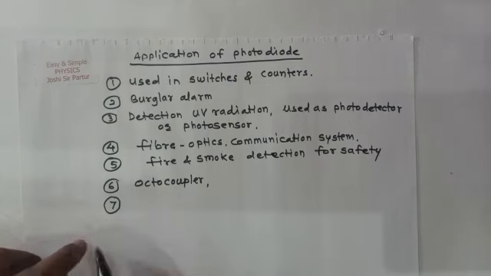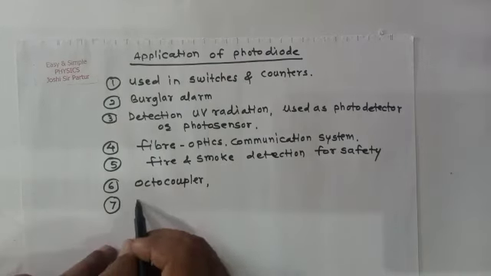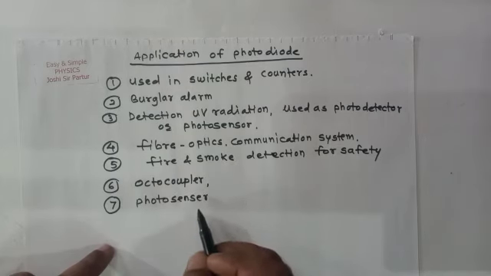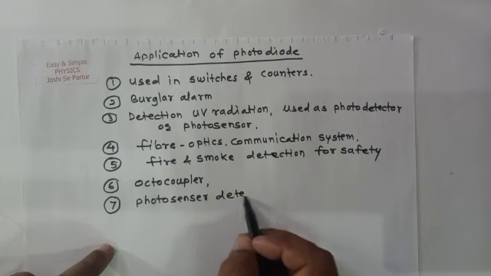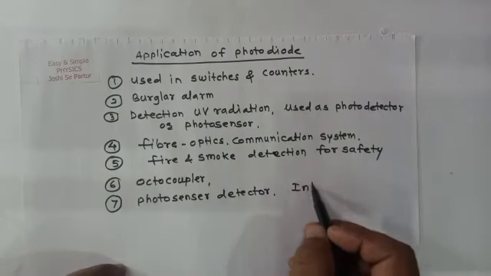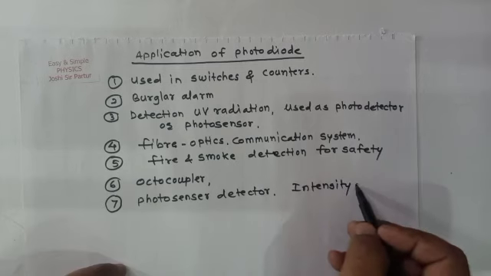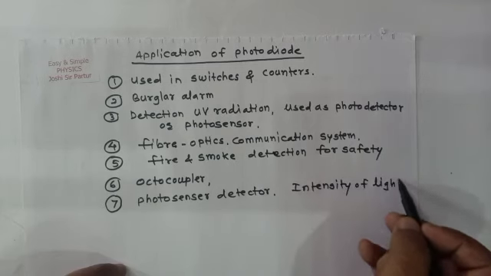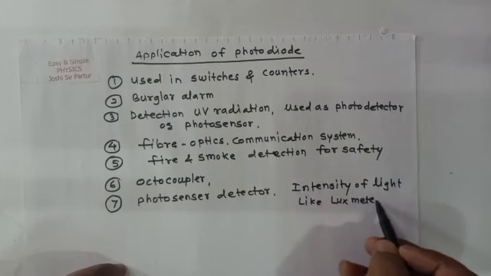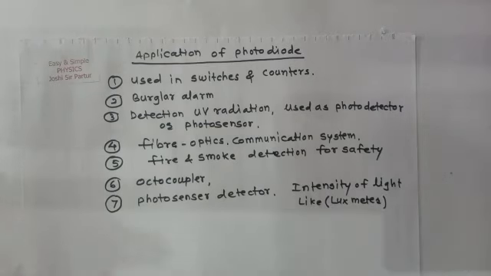And lastly, photodiode is used as a photosensor detector, which is used to measure the intensity of light, like a lux meter in a photocell. So these are the applications of photodiodes.